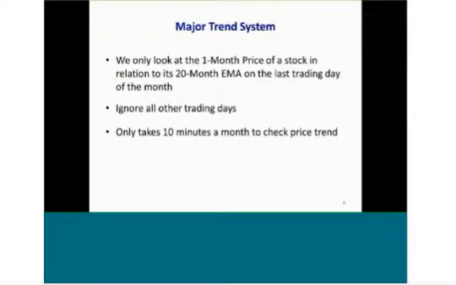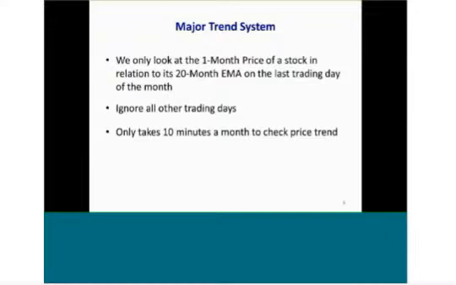So if the price of the stock on the last trading day of the month is above that 20-month EMA, that's a buy signal. And we either hold our existing position, and if it crosses above the 20-month EMA, then you can initiate a new position. So we only look at that price on the last trading day of the month. We ignore all other trading days.